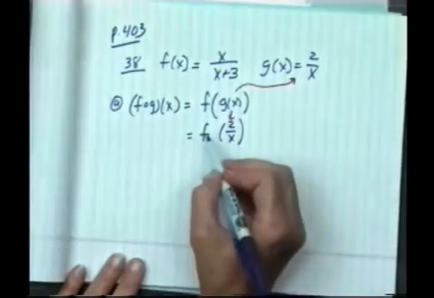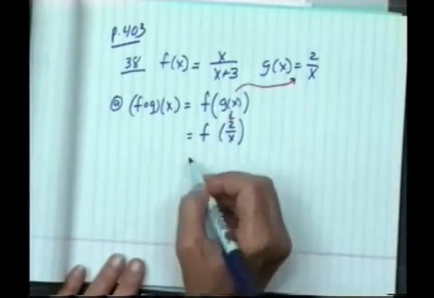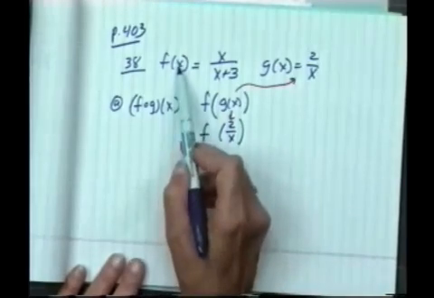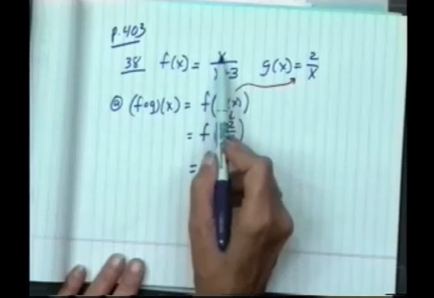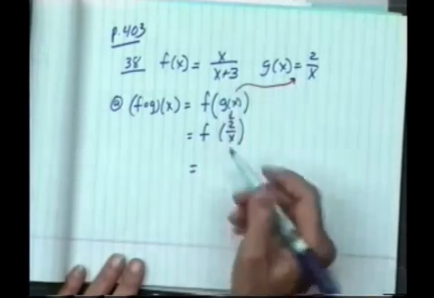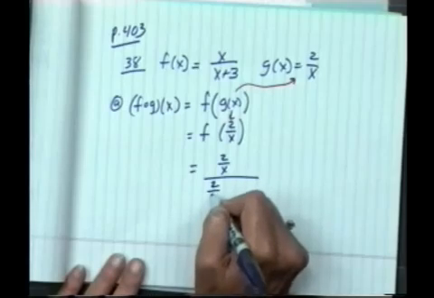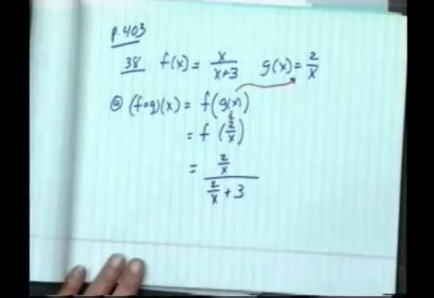Now I'm going to evaluate f at 2 over x. f at anything is that anything divided by anything plus 3. So we have 2 over x over 2 over x plus 3.